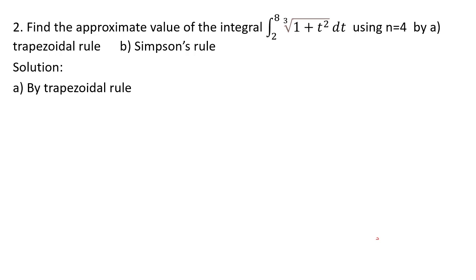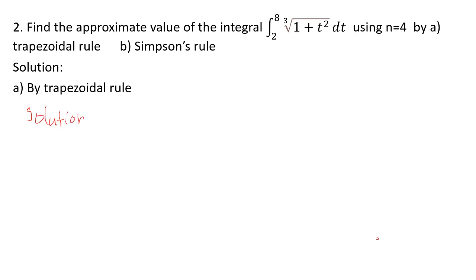Number 2: find the approximate value of the integral from 2 to 8 of the cube root of 1 plus t squared, using n equal to 4, by the trapezoidal rule and by Simpson's rule. So by trapezoidal first.